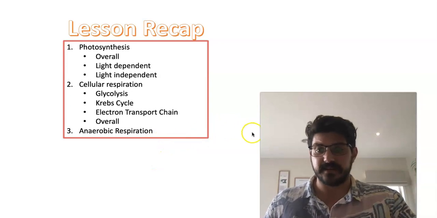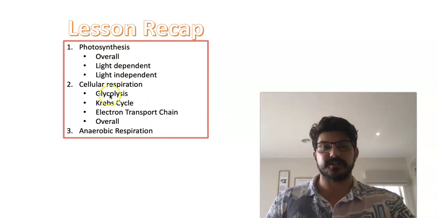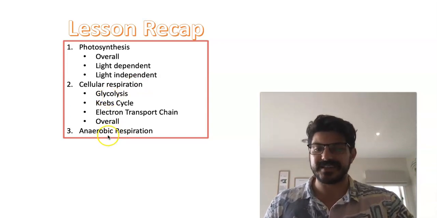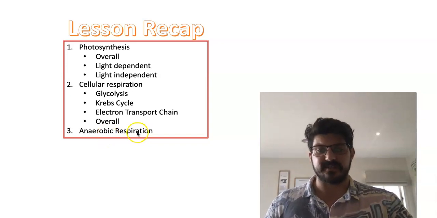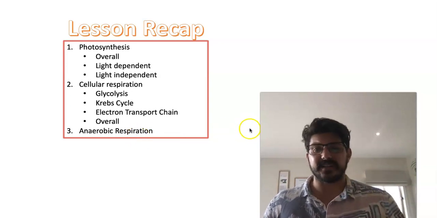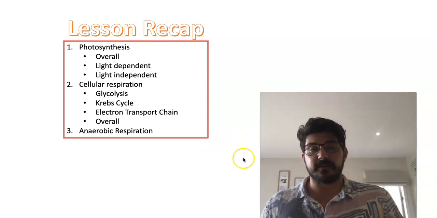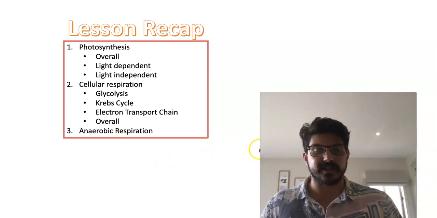For any of the two concepts in photosynthesis or cellular respiration, the aerobic side of things, not the anaerobic, anaerobic respiration really doesn't come up much in terms of all of the processes involved and all of the enzymes involved. Just basically what they are. I haven't even found any questions that ask you for the chemical formula of these two processes, hence why I didn't talk about it in this lesson.